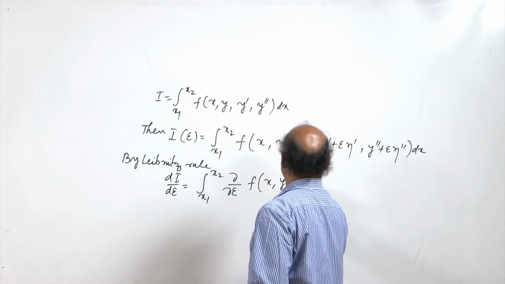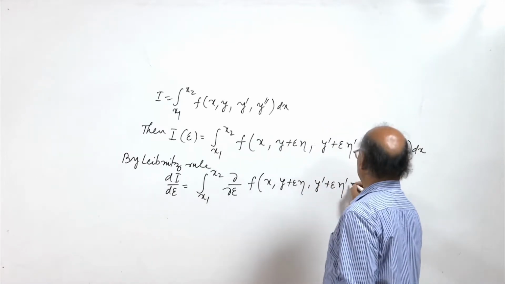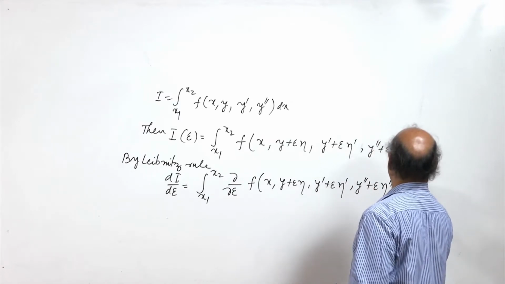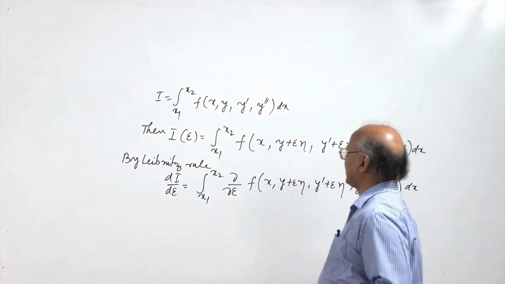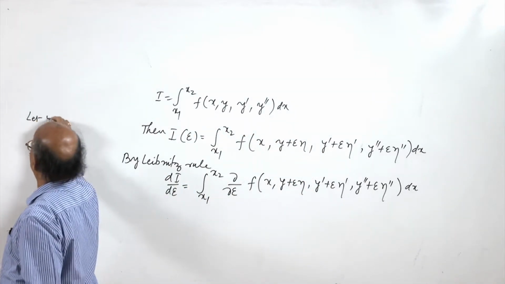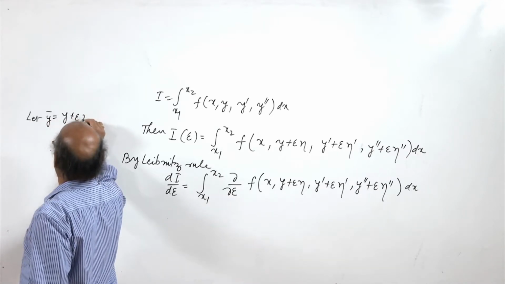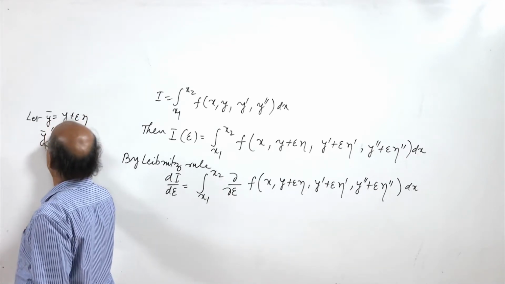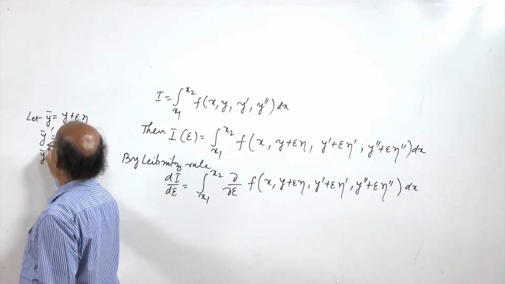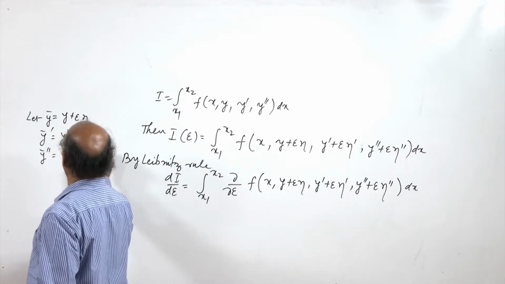So we can write like this, because x1 and x2 are constants. Now let us say let y bar be equal to y plus epsilon eta, y bar dash be equal to y dash plus epsilon eta dash, y bar double dash be equal to y double dash plus epsilon eta double dash.